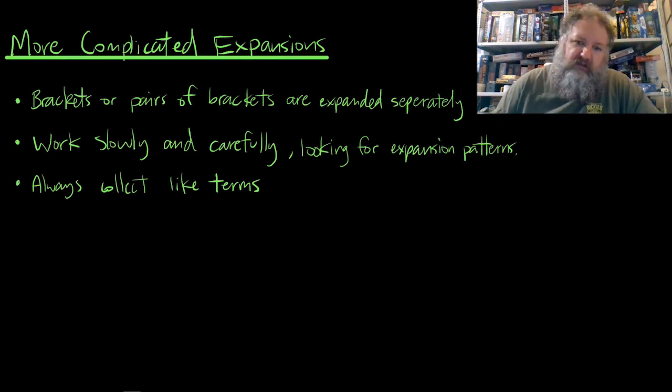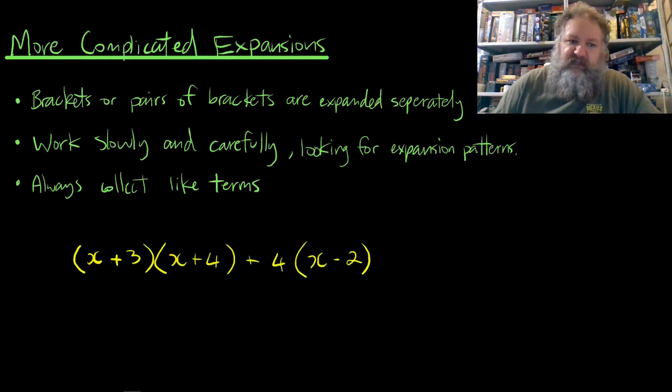Well, what do I mean by that? Well, let's have a look. Here I've got one. I've got a big, complicated looking expansion, but let's just think about what we're going to do. I've got these two factors over here, one factor, another factor. I've got this plus, and then I have these other two factors tacked onto the end.